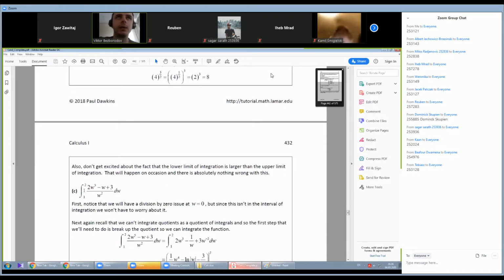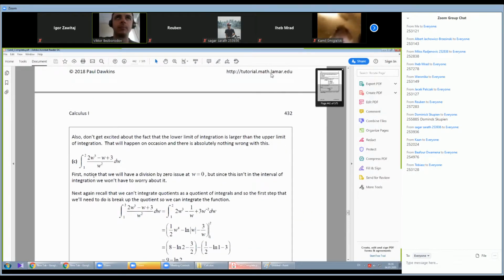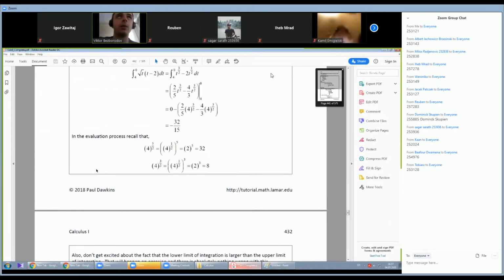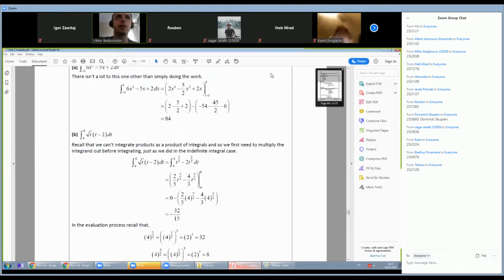Okay, let's look at C. In this case, we also see that the function is continuous. Of course, we should have said that, because t minus 2 is defined everywhere, so that's fine. But then we also have the square root of t.